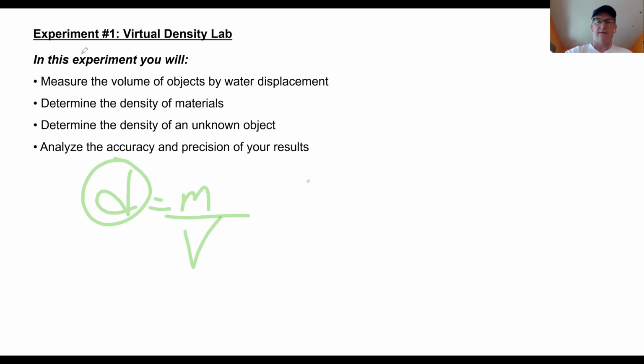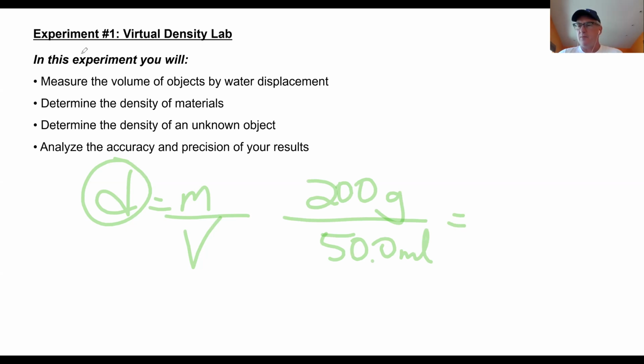So if I had 200 grams divided by 50.0 mils, what would the density be? Someone actually taking a calculator out? 4 grams per mil. How do I express 4? Just 4.